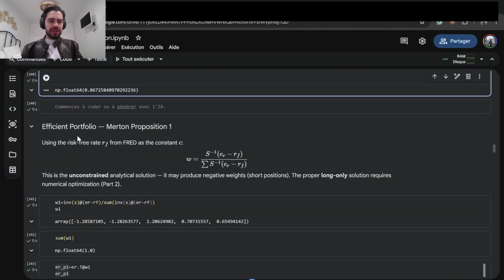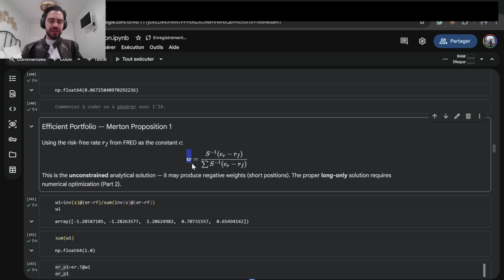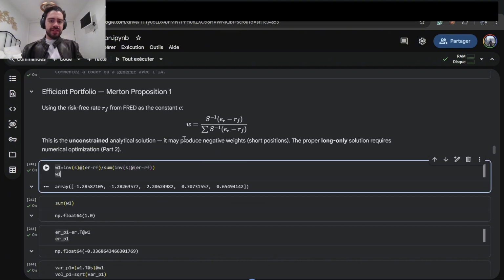And here we have the first proposition from Merton, and basically the optimal weights follow this formula, which is the inverse of the covariance times the expected return minus the risk-free rate. Putting this formula on paper, you get these weights. The difference is that when you use Merton's proposition, you can have negative weights.